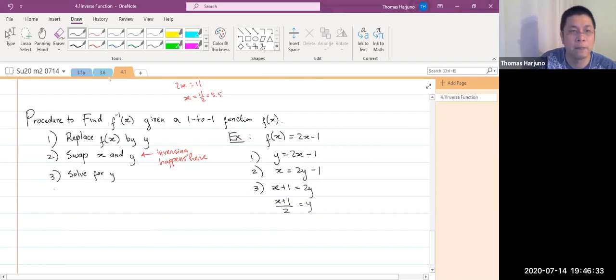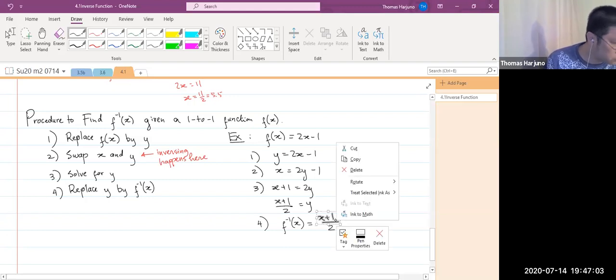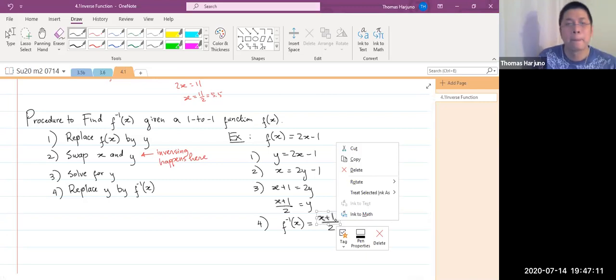And then in step 4, replace y by f inverse x. f inverse x equals (x plus 1) over 2.